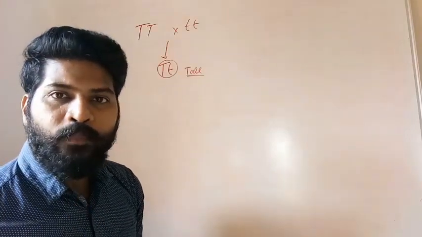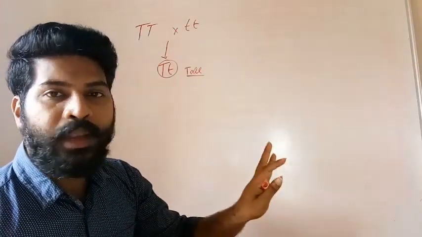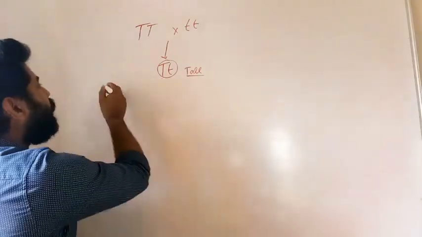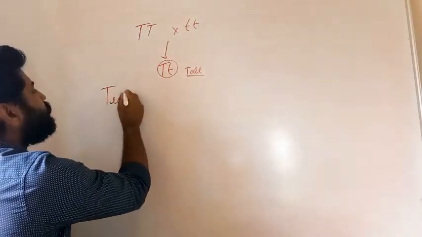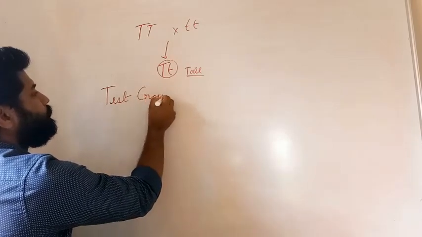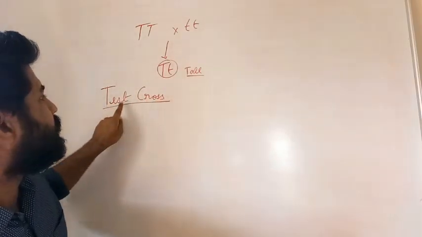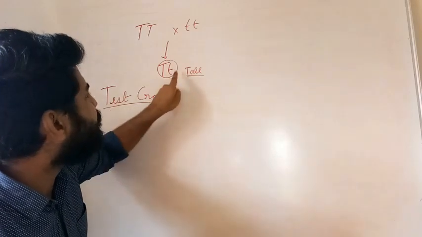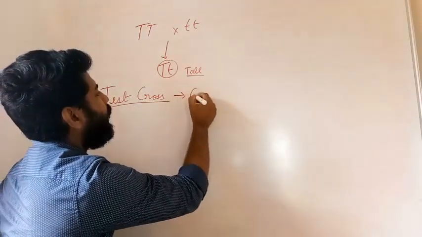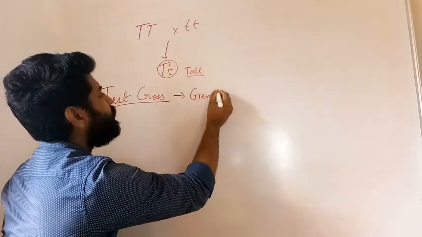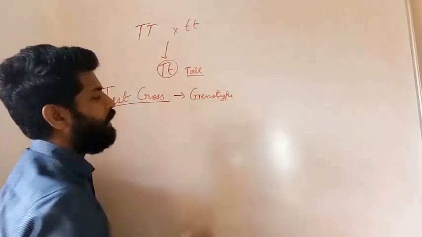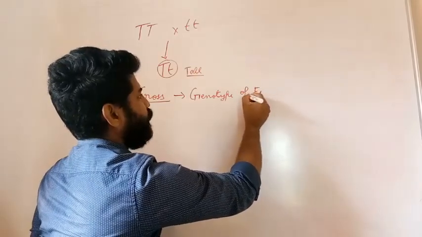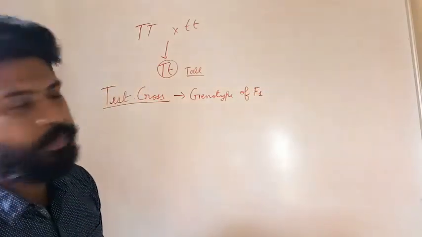How do you know whether it is a pure homozygous plant or a heterozygous plant? For this, we have what is called a test cross. As the name suggests, this cross is used to test the genotype of the F1. So it's a type of cross which tells us the genotype of the F1 generation.